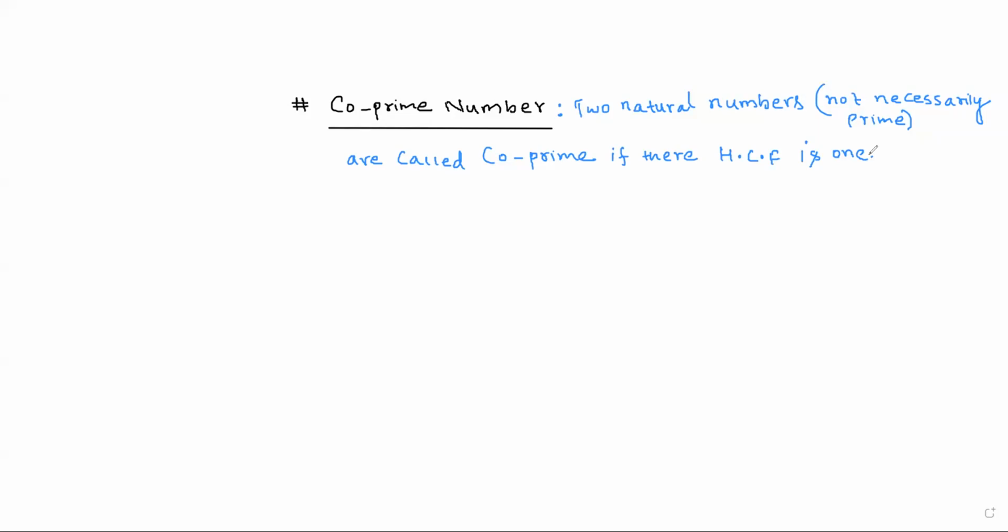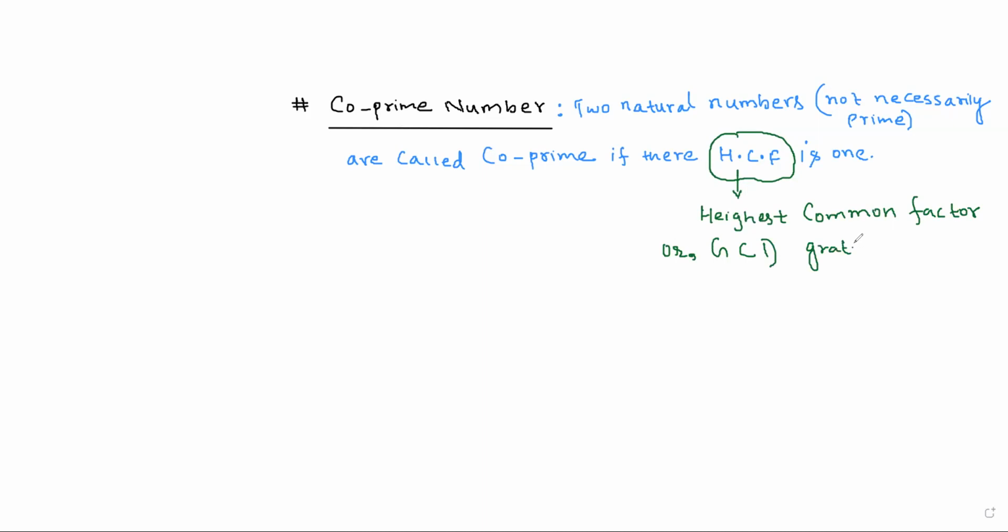The HCF is the highest common factor, or you can say GCD, the greatest common divisor.